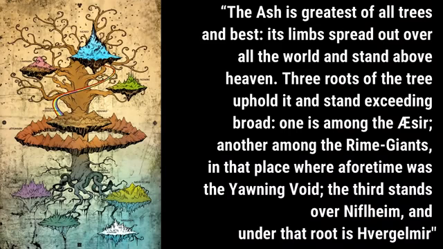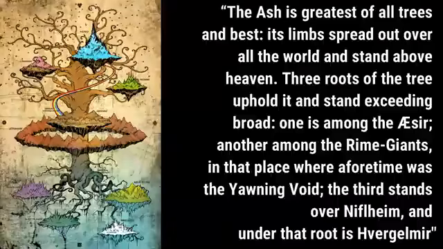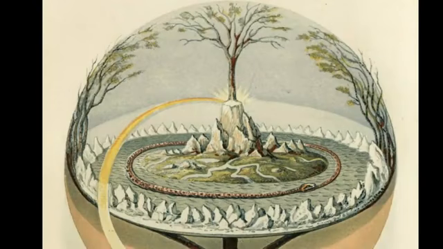Its limbs spread out over all the world and stand above heaven. 3 roots of the tree uphold it and stand exceeding broad. One is among the Aesir, another among the Rime giants, in that place where aforetime was the yawning void. The third stands over Niflheim, and under that root is Vergelmir. You've seen this before.